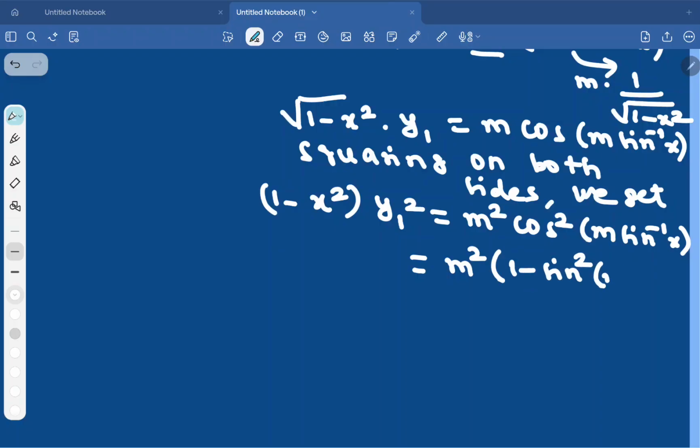Here 1 minus sine square of m sine inverse of x, that is nothing but m square into 1 minus y square, because sine of m sine inverse of x is our y.